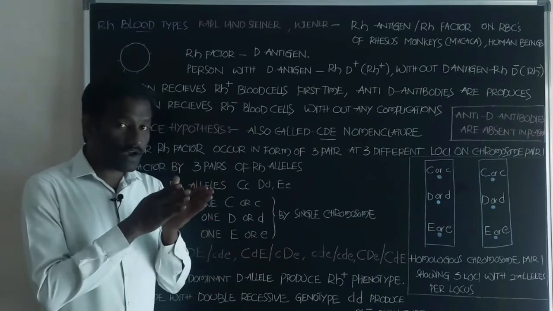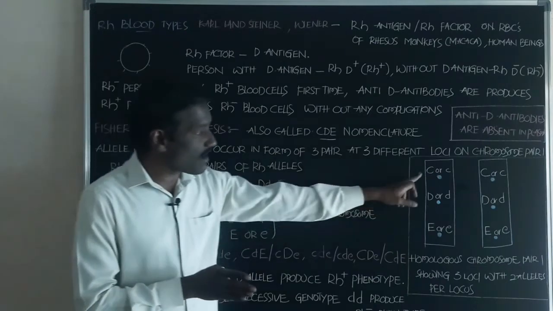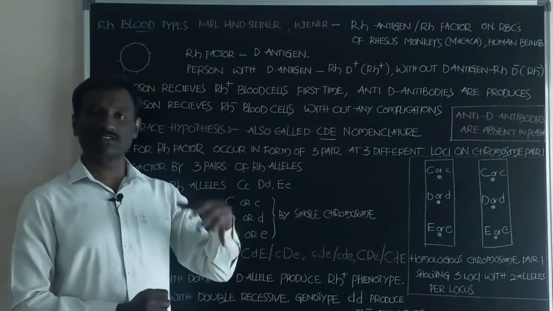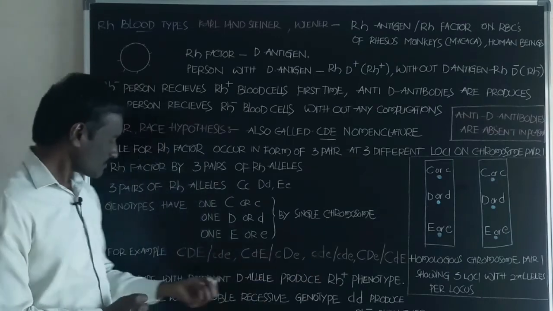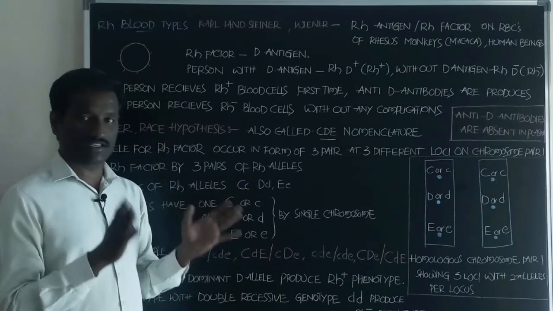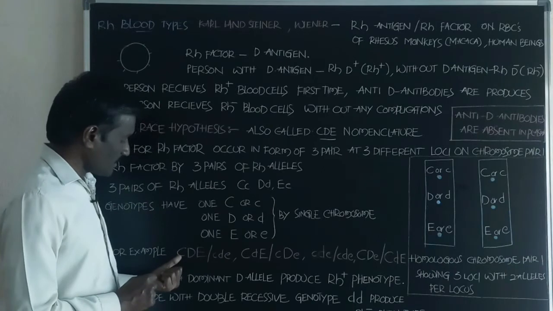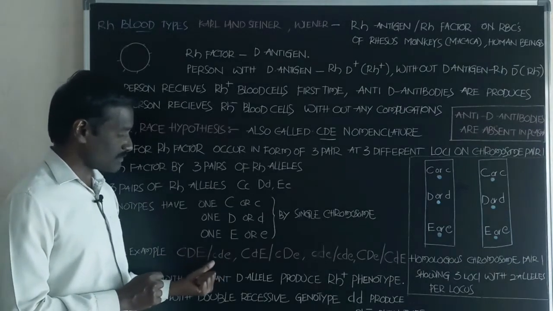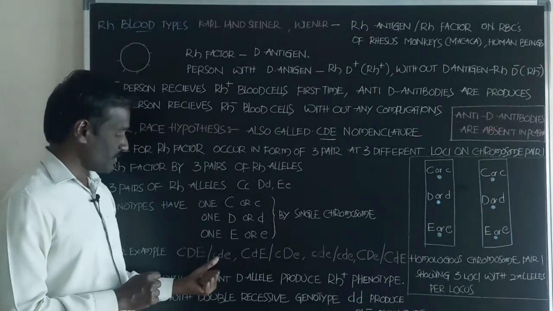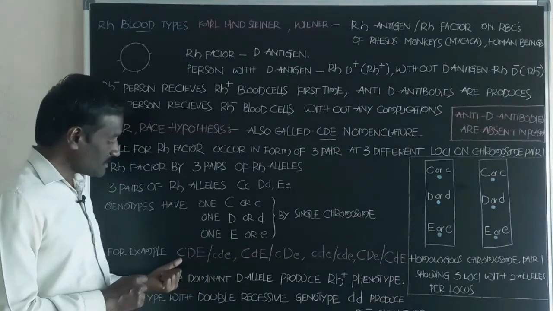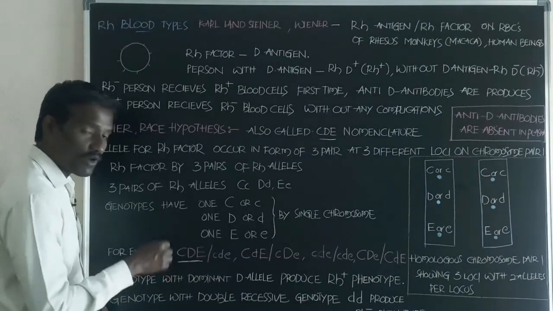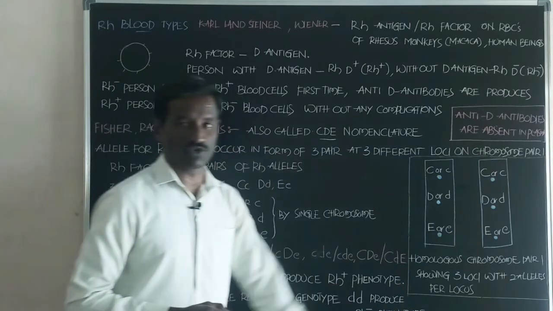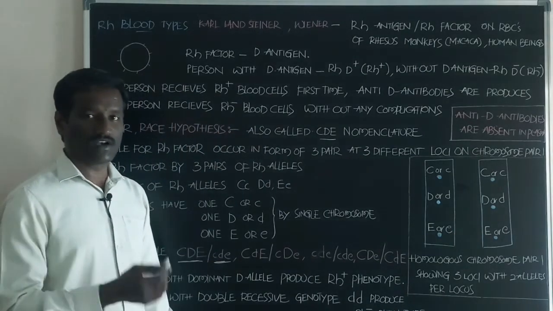Which alleles enter into the next generation? If you observe, some genotypes are all capital letters, C, D, E, and some are all small letters. This CDE is received on one chromosome, and this is the CDE received on the other chromosome by the children.